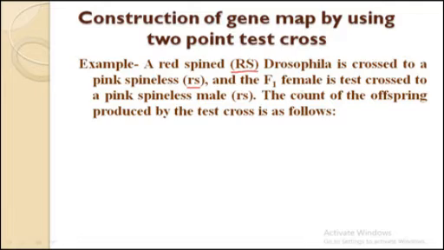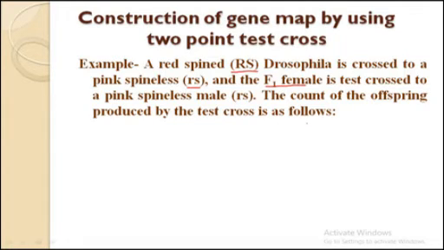We get different types of F1 individuals. Of the F1 individuals produced, we have to select only F1 females for the test cross. When the F1 female is crossed with pink spineless male, the count of the offspring produced by the test cross is as follows.